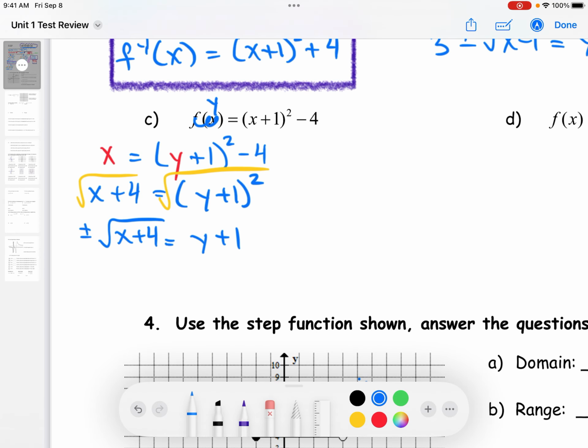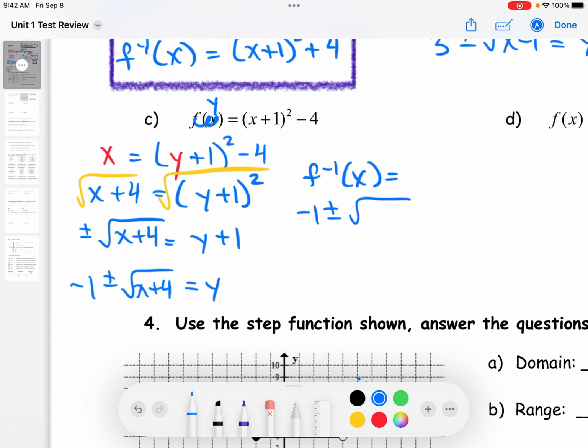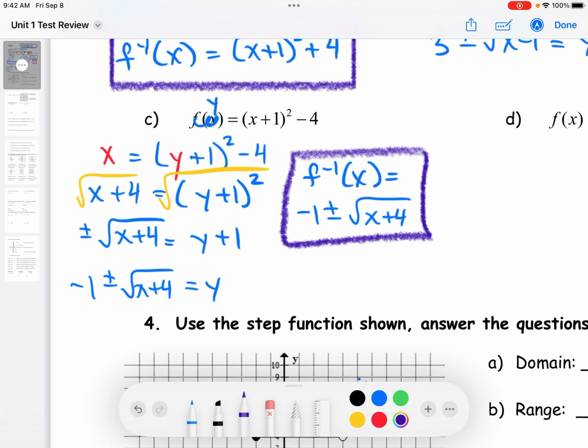And then we need to subtract the 1. So negative 1 plus or minus square root of x plus 4. And that is our inverse. f inverse of x is negative 1 plus or minus square root of x plus 4. That x plus 4, all of it does stay under the radical.